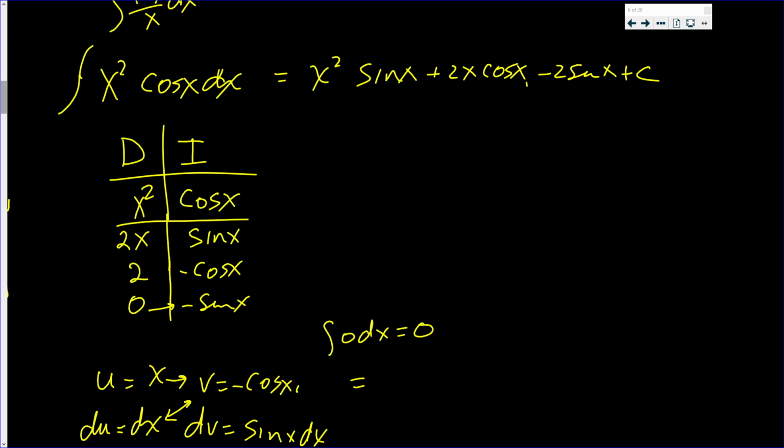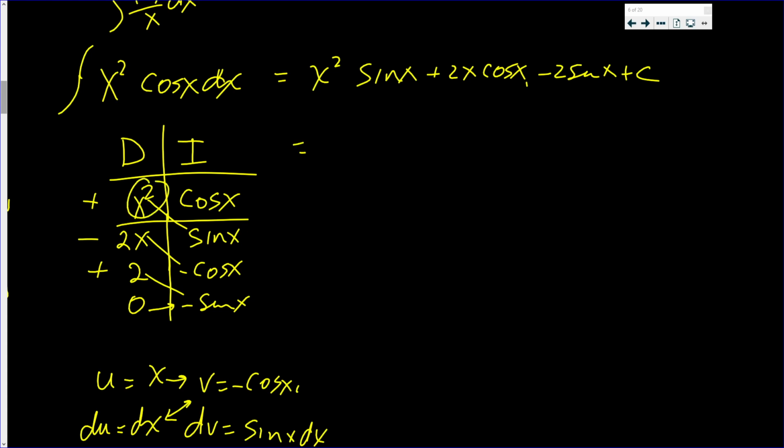For example, you can pull a 0 in front and you have 1 dx, so you get 0x, which is 0. Okay, it's plus c. But when you get to 0, you stop. So it's going to be plus this product minus that product plus that product. Okay?